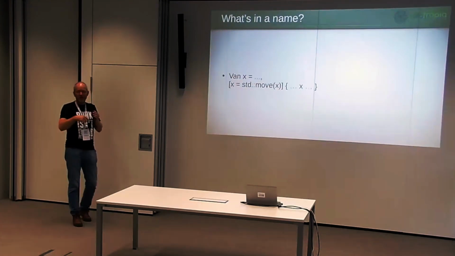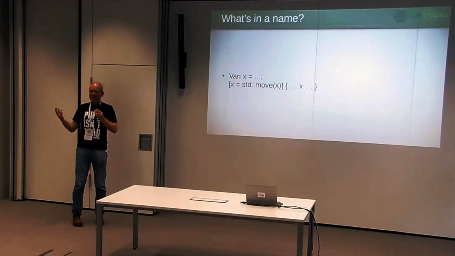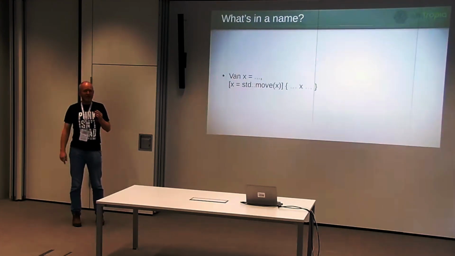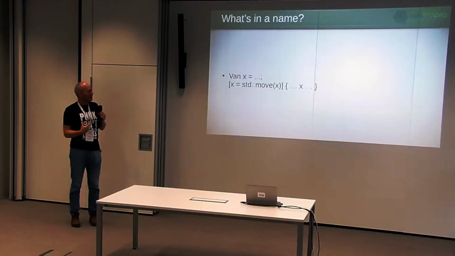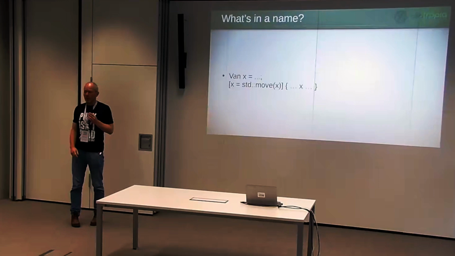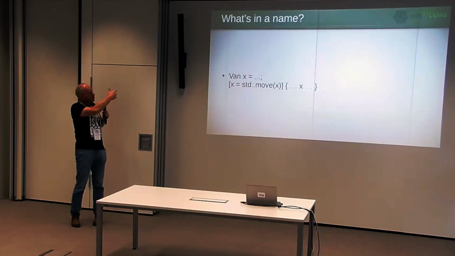And for that use case, the special casing of the right-hand side references has been added so that this particular case works. And in this particular case, it's also kind of useful to reuse the same name.